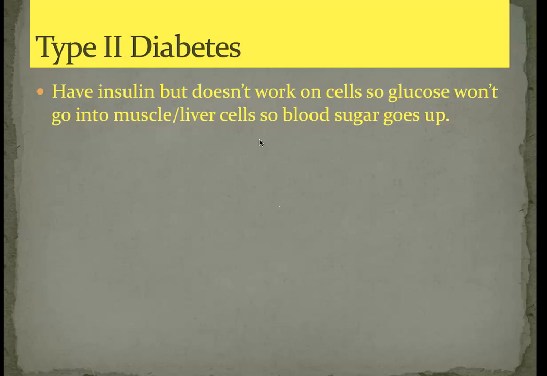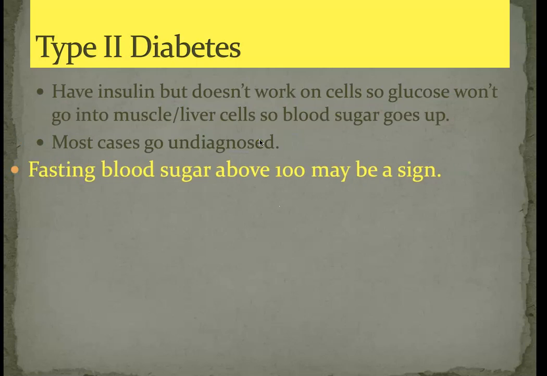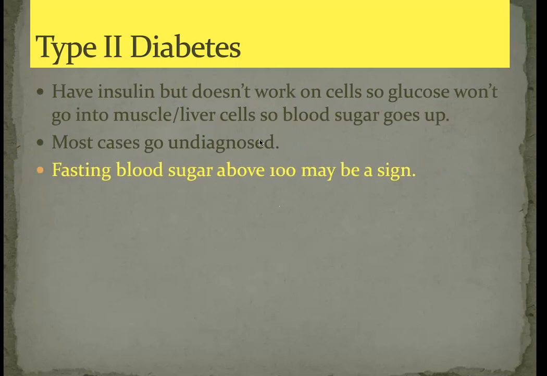It can lead to the same health issues as type 1 diabetics. Again, one of the signs of a type 2 diabetic is their fasting blood sugar, or fasting glucose. Fasting means they haven't eaten in a while, at least, I think, 10 hours. So if they haven't eaten in 10 hours and their blood sugar is still too high, that can be a sign of type 2 diabetes.